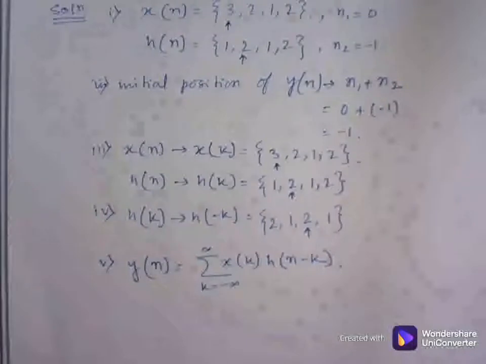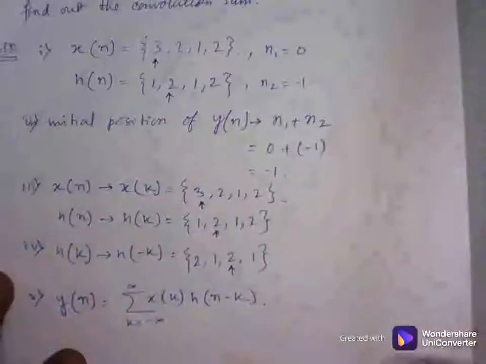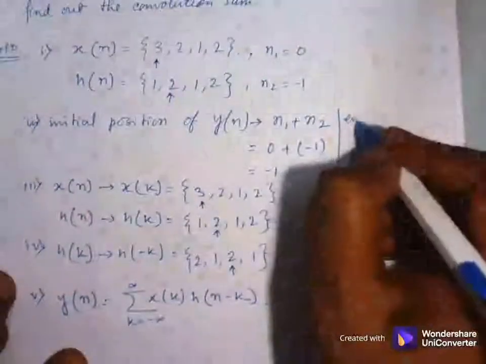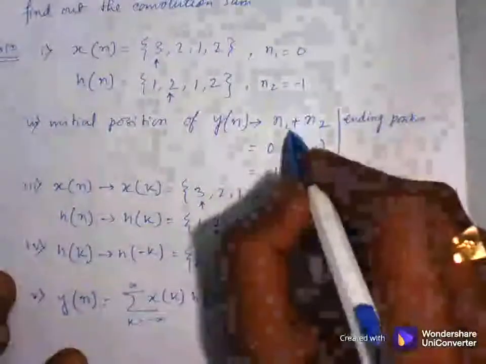Now I have to find up to which point the sequence ends, since I already have the initial point. Besides step 2, I have to find the ending position, calculated similarly to the initial point.